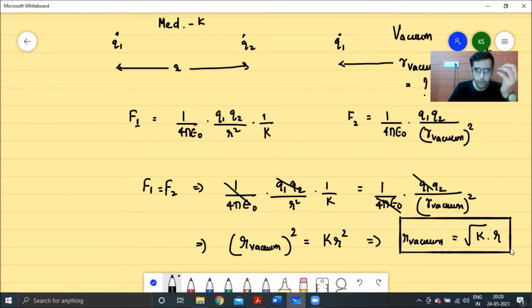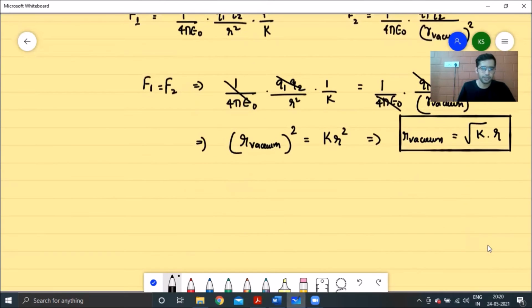Right? So essentially what we got over here is, if you have two charged particles separated by a distance R, the force acting between these two charged particles would be equivalent to the force acting between the two charged particles when they are placed at a distance R vacuum. Right? And what do we get that R vacuum to be equal to? That is equal to under root of K into R. So from this, we can arrive at this conclusion, or we can use this logic to solve this problem.